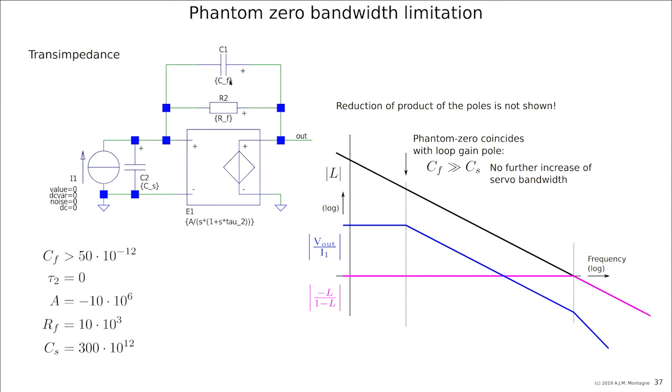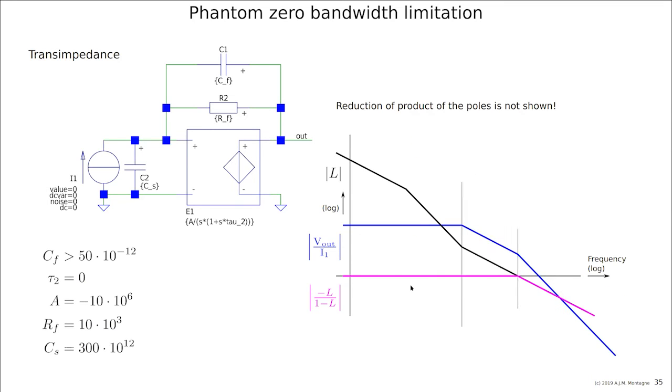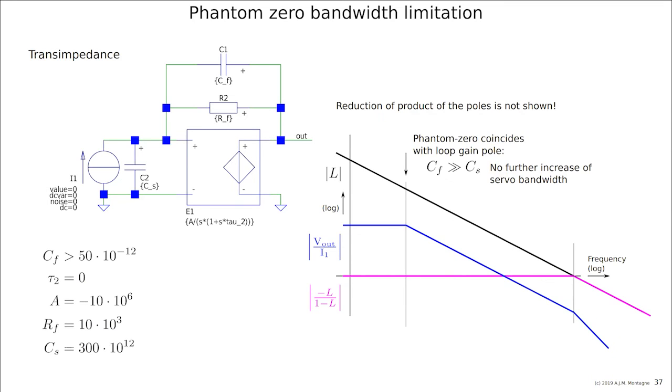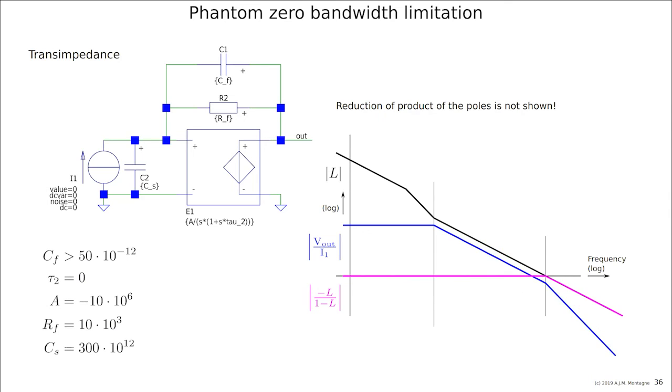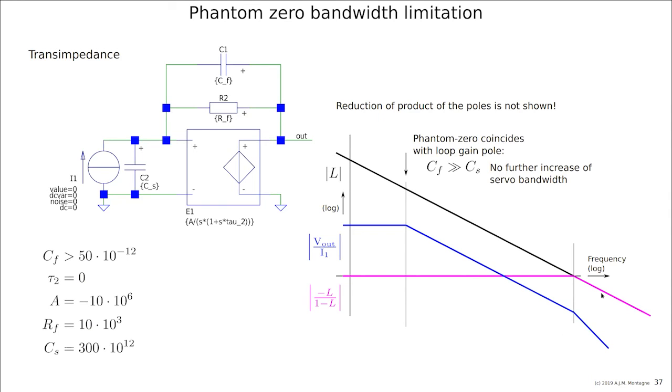So the second pole is also affected by CF, and the bandwidth was affected by CF, which means, and you can now see on my plot, the blue always ends on the same, but that is not true. The servo bandwidth will reduce a little bit, and also the gain will reduce. This is the case if CF can no longer be ignored with respect to CS.